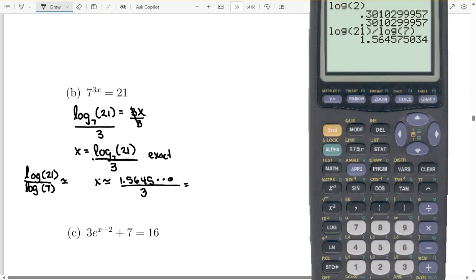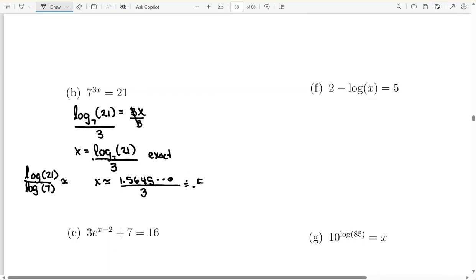And I don't need to because I have my calculator. It's already on the screen. All I have to do is hit divide by 3. It'll take the answer from above and divide by 3, and it'll put all the decimals in there. So rounding to 2 decimal places, this comes out to about 0.52.